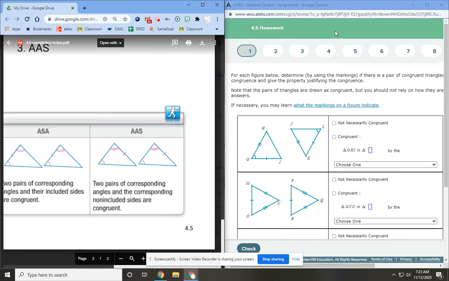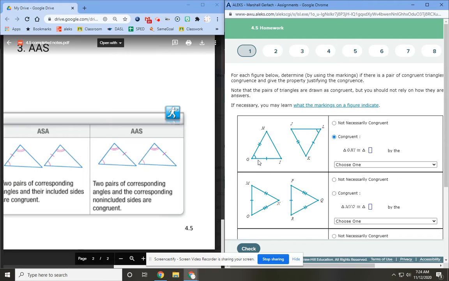Now, as we go into the first question for 4.5, we have to identify the congruent triangles with their corresponding parts, as well as explain why they're congruent. So the first one, you see GHI, G, go down 2, H, then I, would be congruent with L, go down 2, oh, L doesn't go down on 2, right?